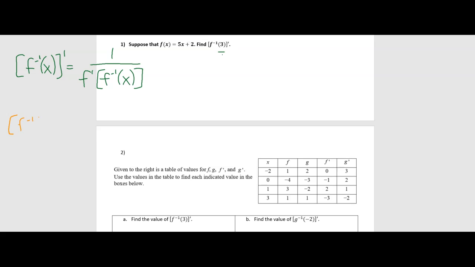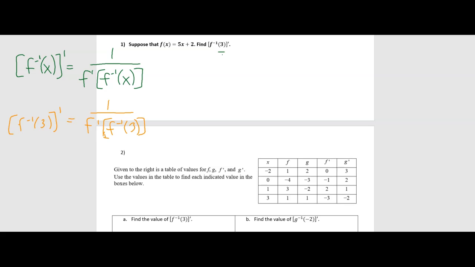So the derivative of f inverse evaluated at 3 is equal to 1 over f prime of f inverse of 3. So we need to find out what f inverse of 3 is.